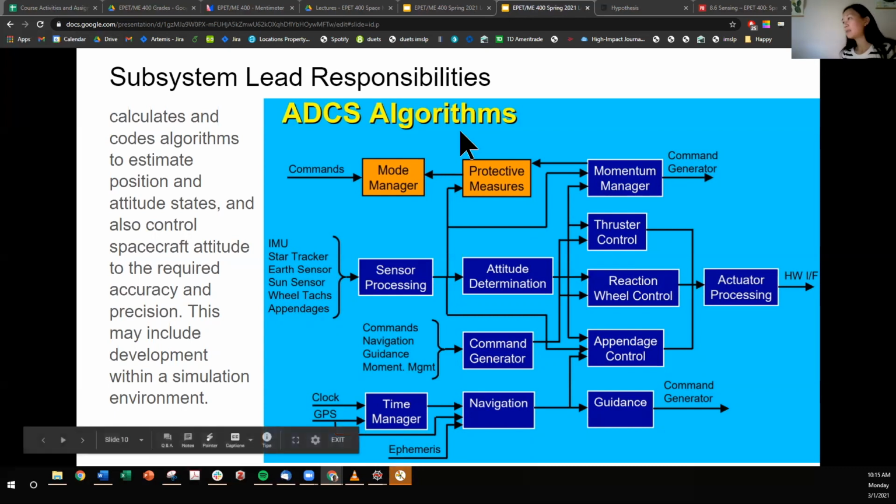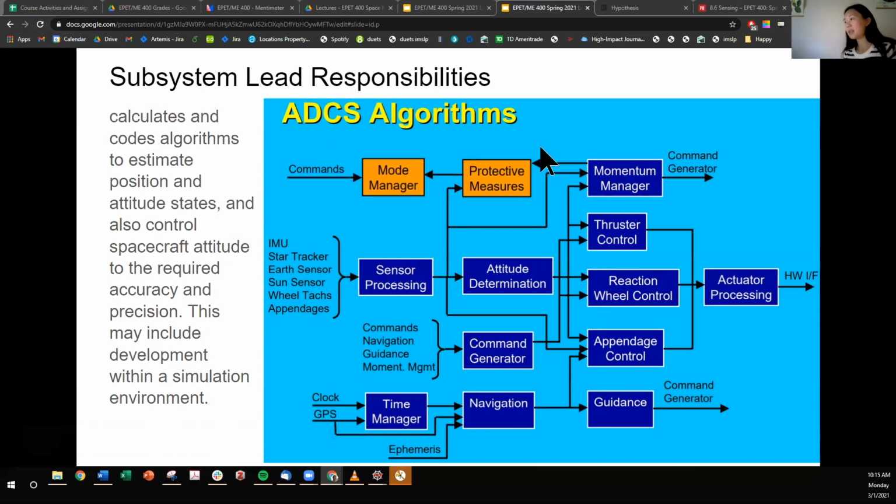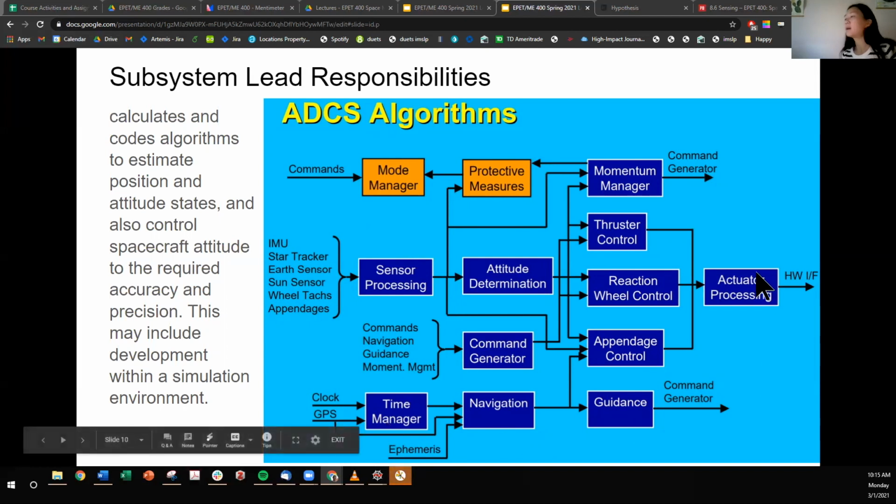Here we have a block diagram of different ADCS algorithms and the interaction or flow between them. So from ground, you can come up with commands. The orange is more so a mission operations and CDH, command and data handling thing, but the blue algorithms are all within the scope of attitude determination control.